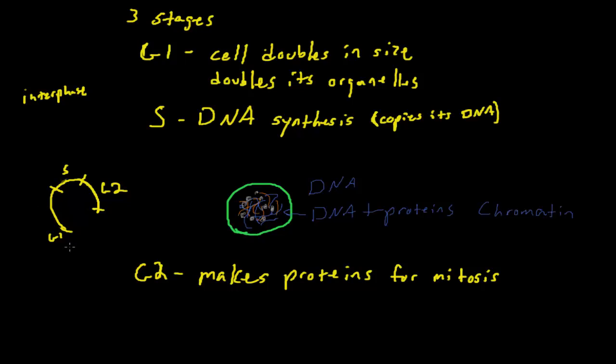Okay, so most of the cell's life, this is when the cell was born, right here. This is when it was born. Okay, and it spent most of its life G1, S, and G2 doing all this stuff. Now it's going to start a new little section here. This is mitosis.